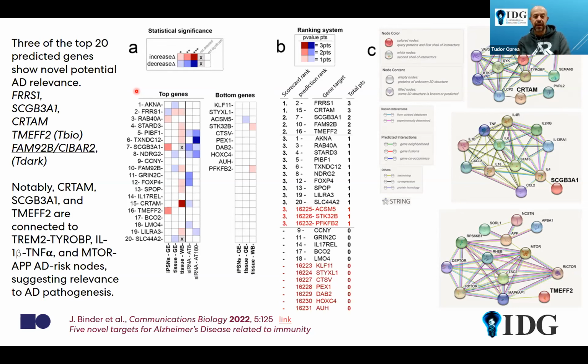And what's described also in the paper, so one of the genes is a dark gene, so genuinely a novel association, but what we note is that there is a strong relationship with innate immunity pathways, and that's probably a critical component of Alzheimer's disease.